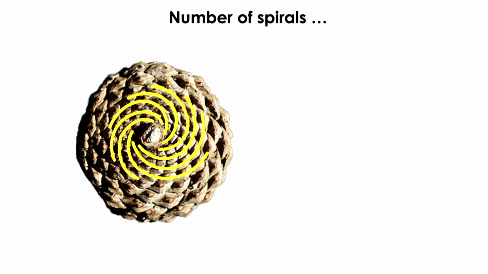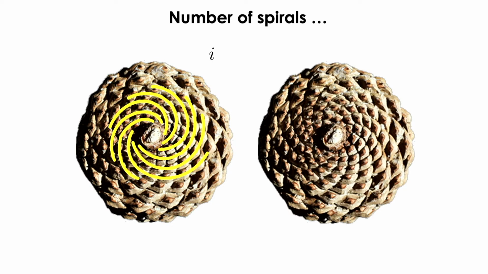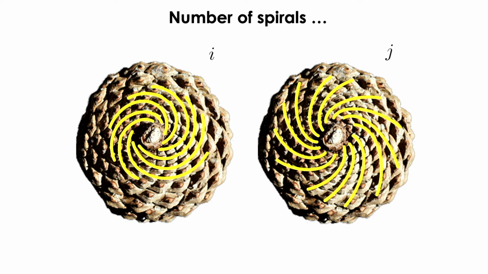So counterclockwise here, and you count the number of spirals and you find the number I. And I take the same pine cone and I count the number of spirals in the clockwise direction. I find a number J.